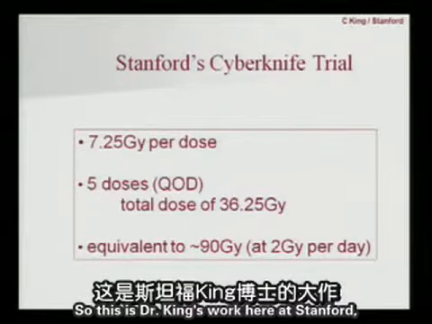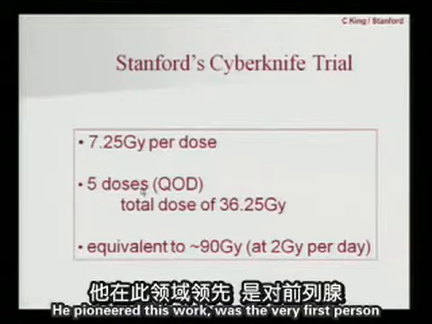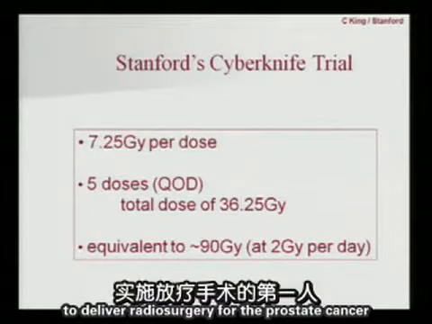So this is Dr. Christopher King's work here at Stanford, and he's delivering the dose in 5 fractions. He pioneered this work and was the very first person to deliver radiosurgery for prostate cancer.